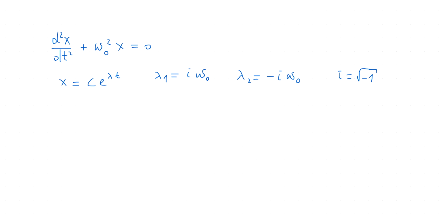So from here we get that the general solution will be C1 e to the power of i omega 0 t plus C2 e to the power of minus i omega 0 t.